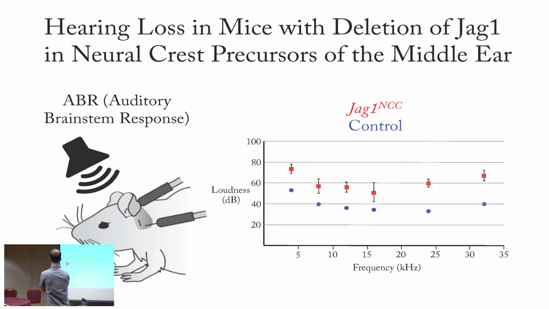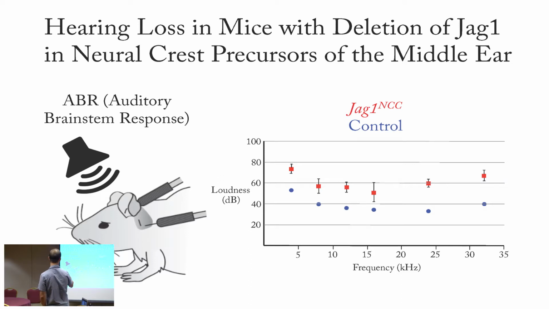The way hearing tests are done in mice is a little different because it's hard to ask them to do tasks if they hear a sound in their left or right ear. I should say we actually did this with a collaborator who works in a hearing institute at University of Southern California. And what they do is they play sounds, and with electrodes they're recording in their brain for characteristic spikes of electricity that are produced when these mice hear sounds.